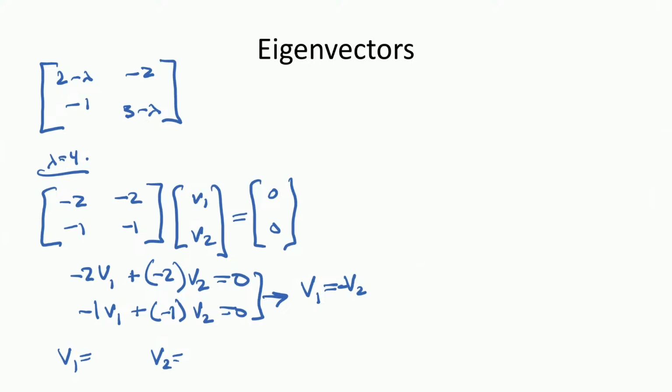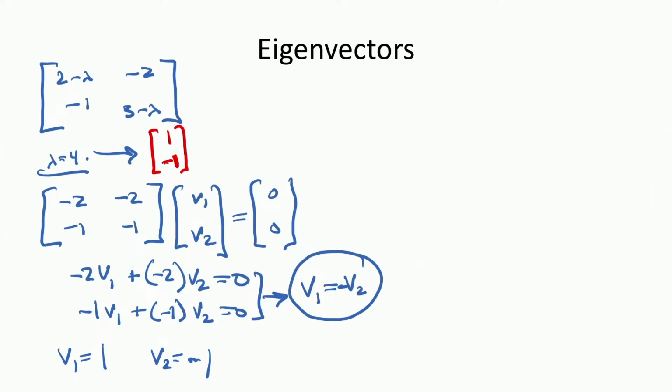What would you like for V1? 1, I love it. 1 for V1. And so if 1 is V1, V2 has to equal -1. So my first vector that corresponds with the eigenvalue 4 is going to be 1, -1. And I'll show you where this goes in just a sec.